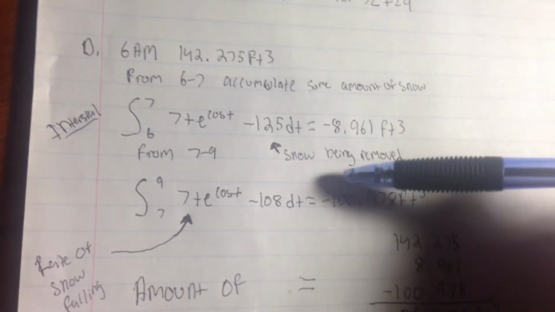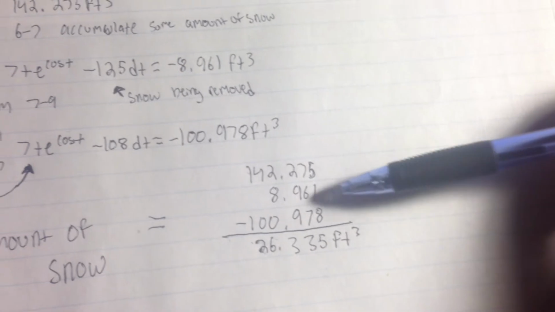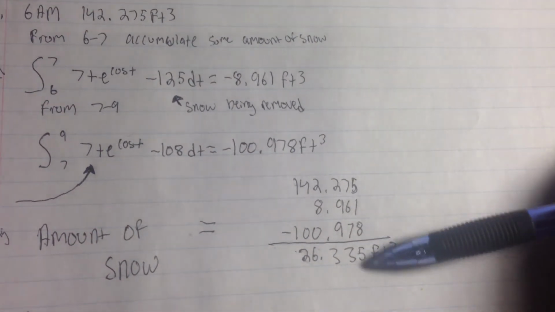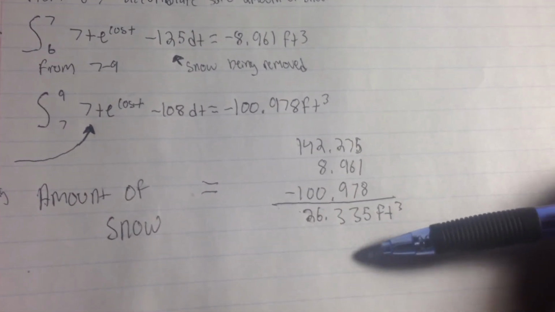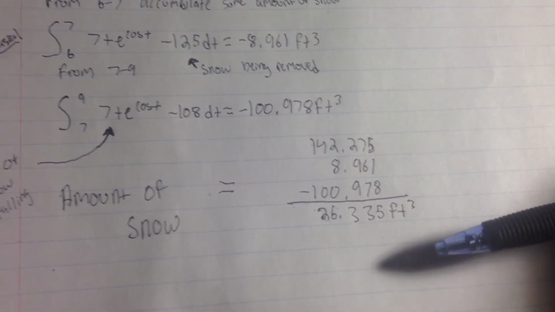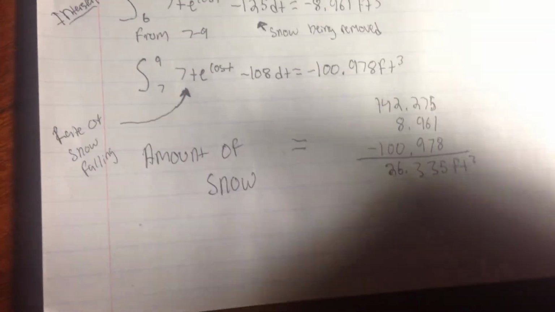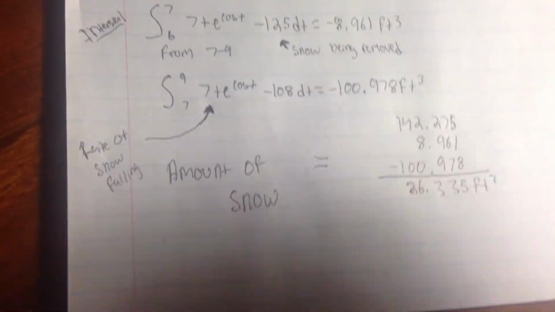And then you just plug it into your calculator and you should get an answer for each of these. Once you get the answers for each, just add them all up, and then you should get your final answer, which is 26.335 cubic feet. And that's the amount of snow that is piled up at 9 a.m. And that is all. This is how you do it.